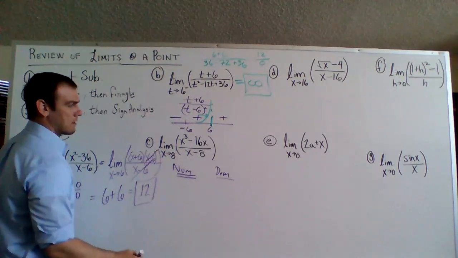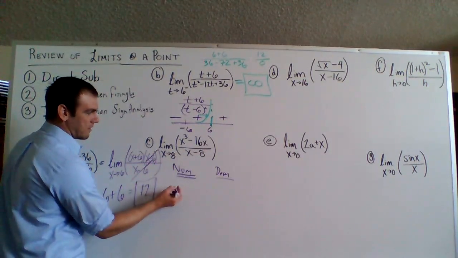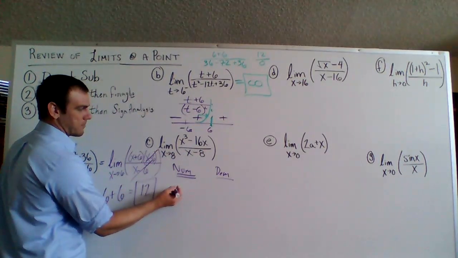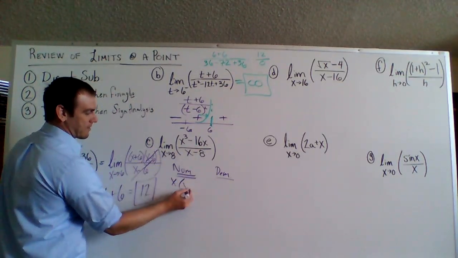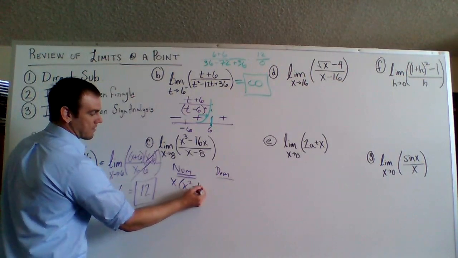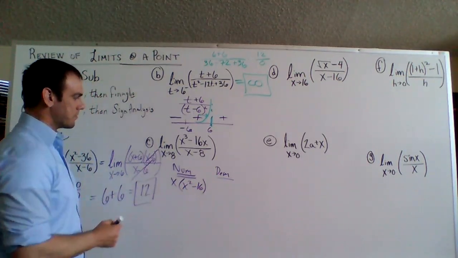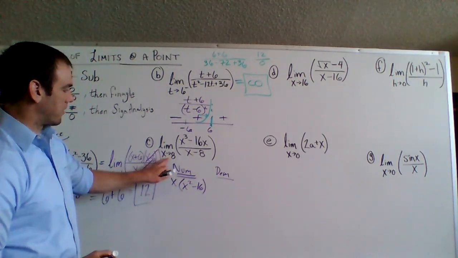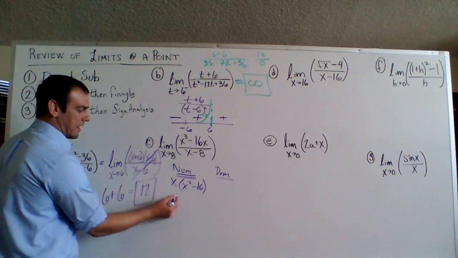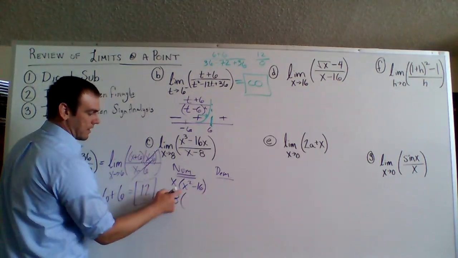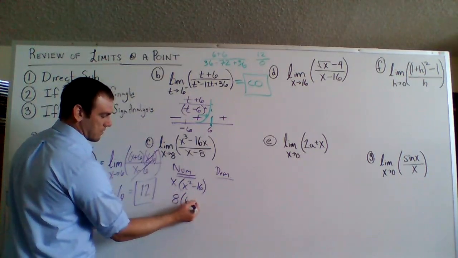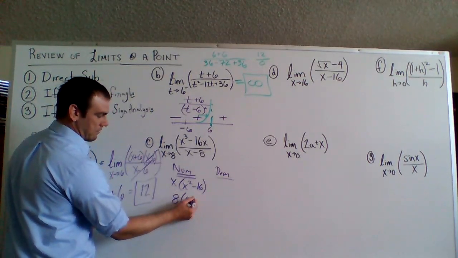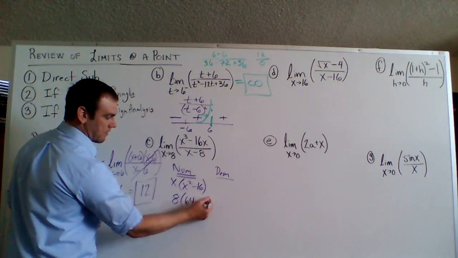Oh, yuck. 8 to the third is, I'm going to factor this. I got x times x squared minus 16. So now when I plug 8 in, this is going to be 8 times 8 squared is 64 minus 16.